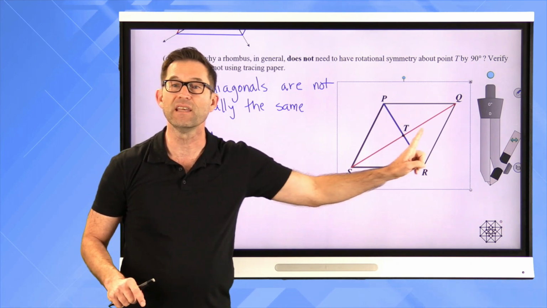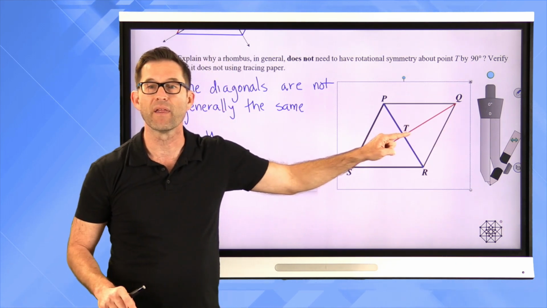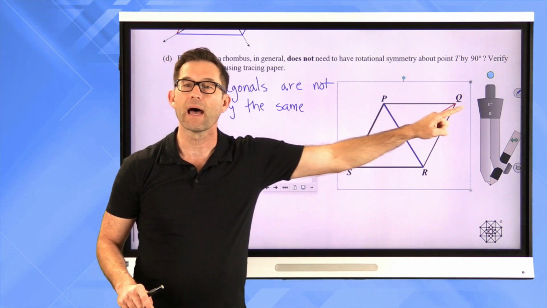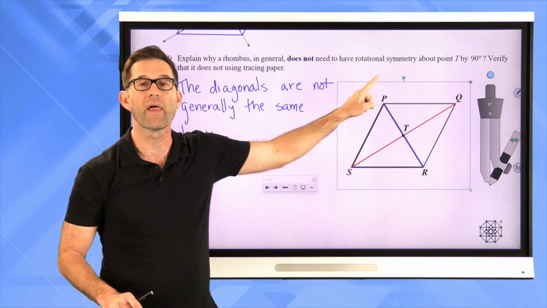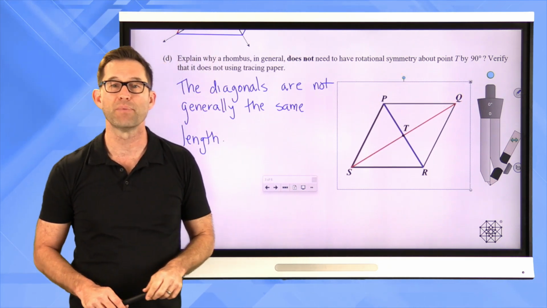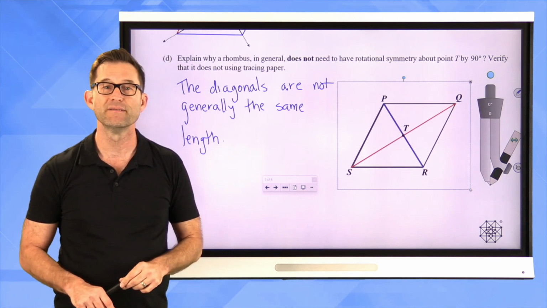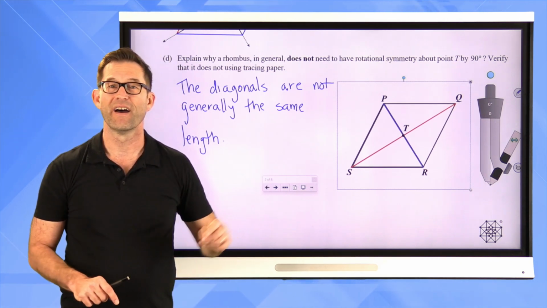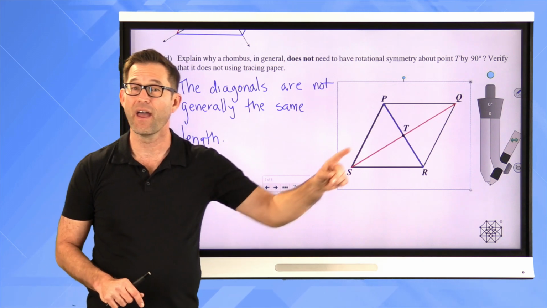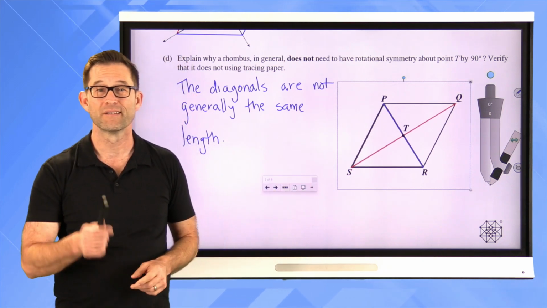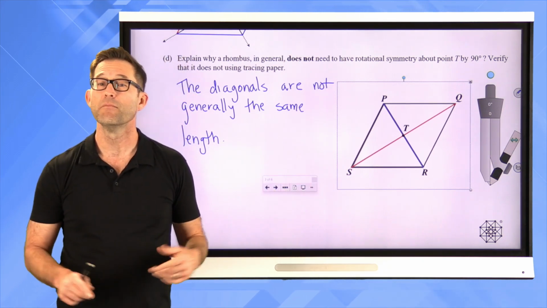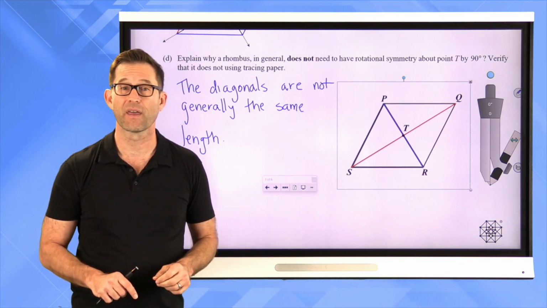And because TQ isn't the same length as TP, there's absolutely no way that Q will ever get mapped to where point P is. Of course, if the diagonals did have the same length and were perpendicular to each other, then it would map onto it. But in general, in rhombuses, that's not the case.